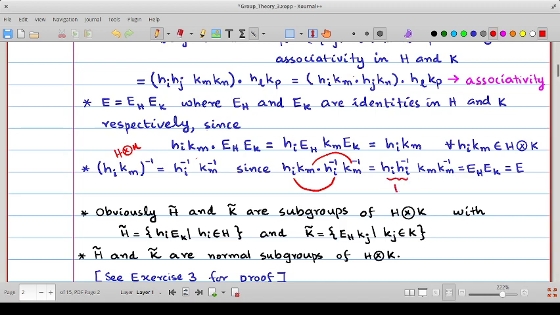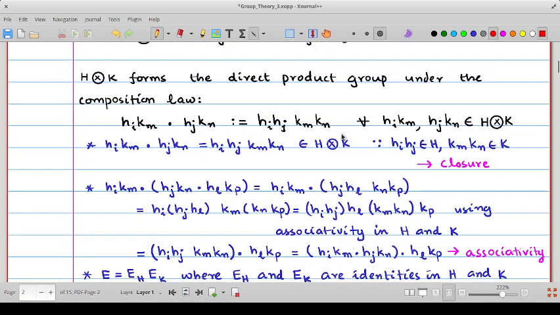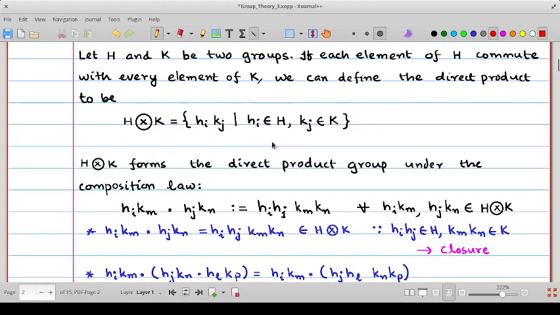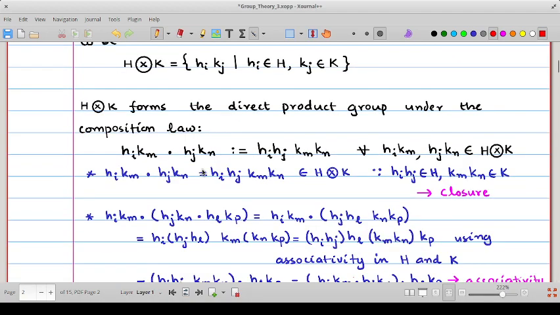But again this is equal to EH and this is equal to EK, and therefore this is the identity element. So we have shown that this composition rule satisfies all the properties required of a group. So together with this composition rule, the set defined via this equation forms a group, and that is the direct product group of H and K.